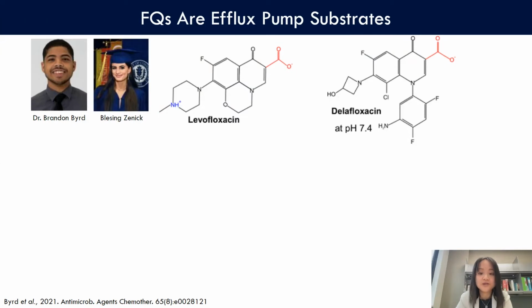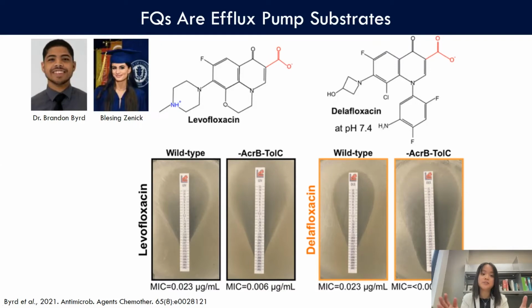We decided to look at the contributions of these pumps because fluoroquinolones like levofloxacin and a newer fourth generation fluoroquinolone called delafloxacin are substrates of these multi-drug efflux pumps. And if we delete genes encoding components of these pumps, like deleting acrB or tolC, we see that the MICs of these drugs decrease considerably compared with the wild-type counterparts.